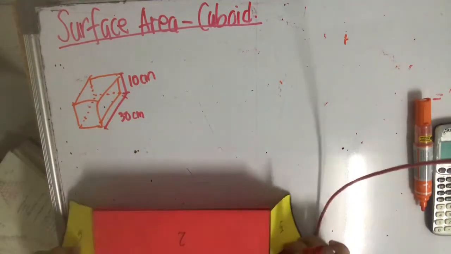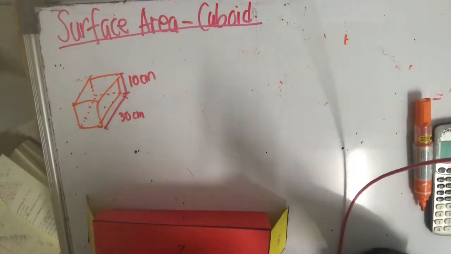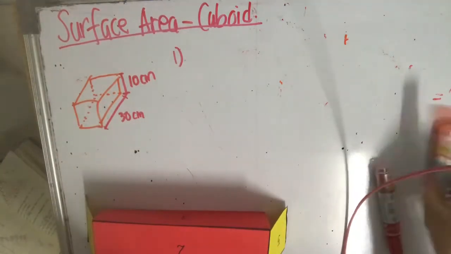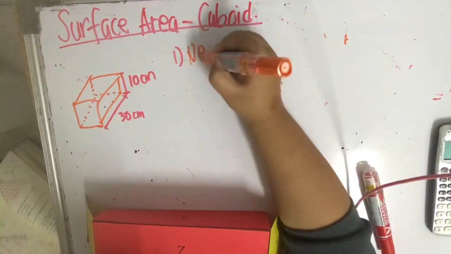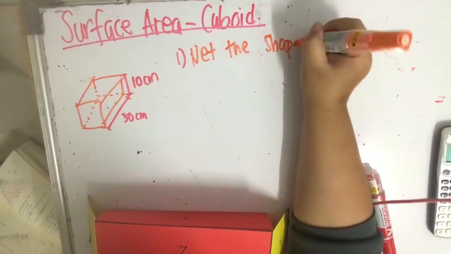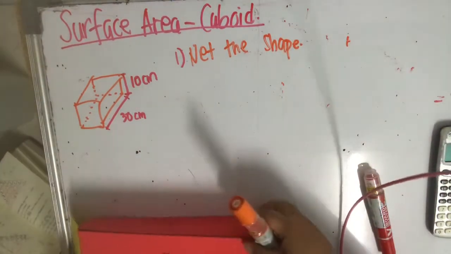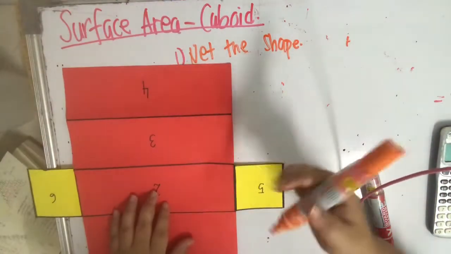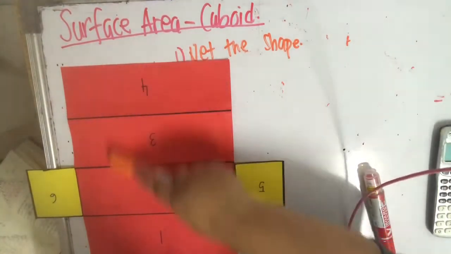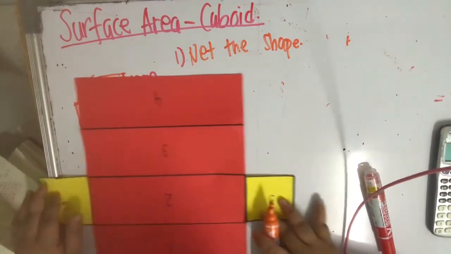So basically, you have the picture, and then in your brain, the first step, as I have taught you, the key point is to net the shape. Because we are calculating surface area, you have to flatten it out so that you can spread the chocolate Nutella on every corner of this shape.